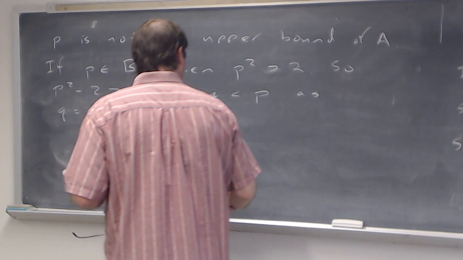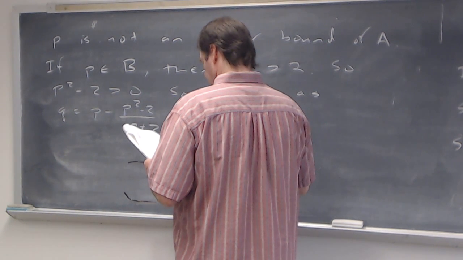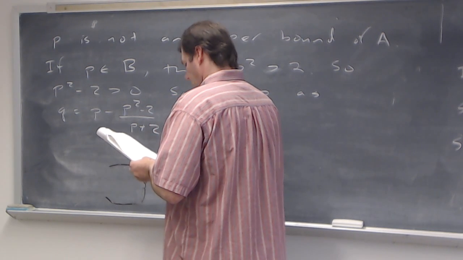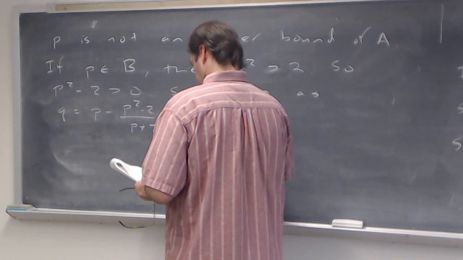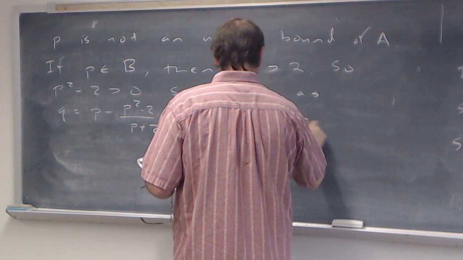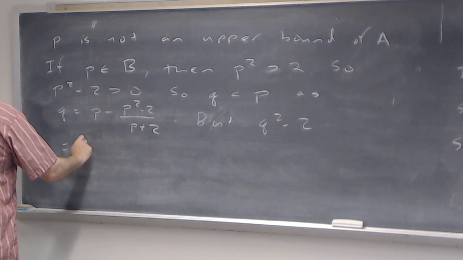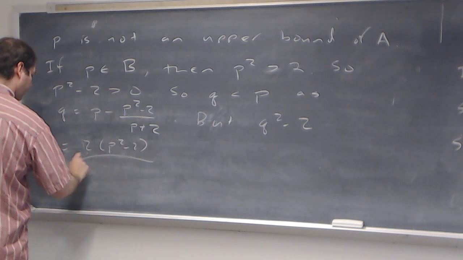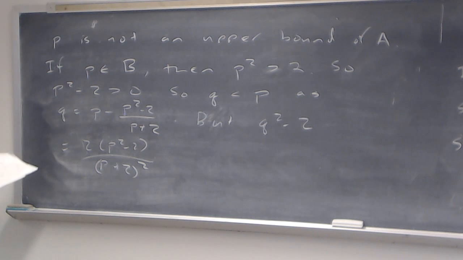So Q is less than P. Let's look at Q squared minus 2, which equals 2 times the quantity P squared minus 2 over P plus 2, squared.